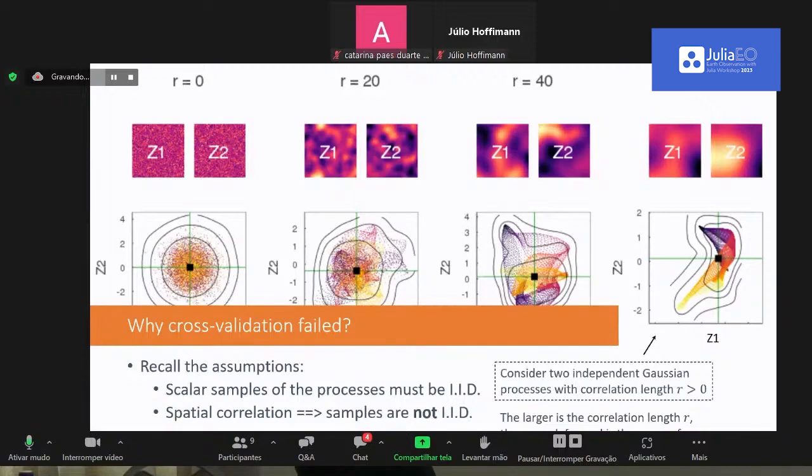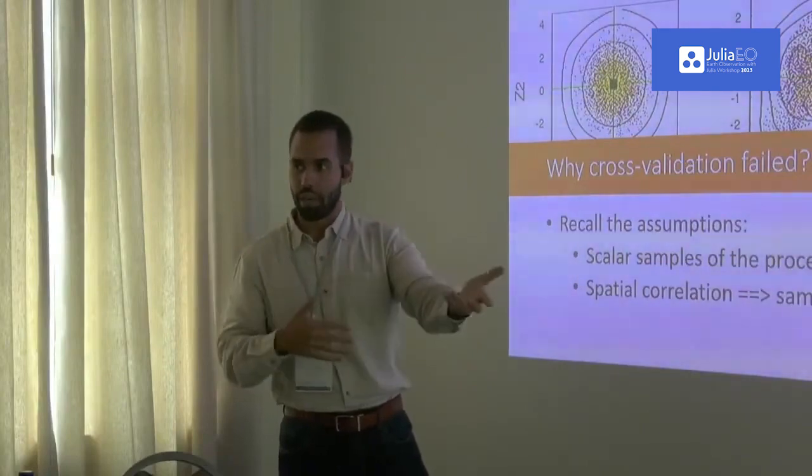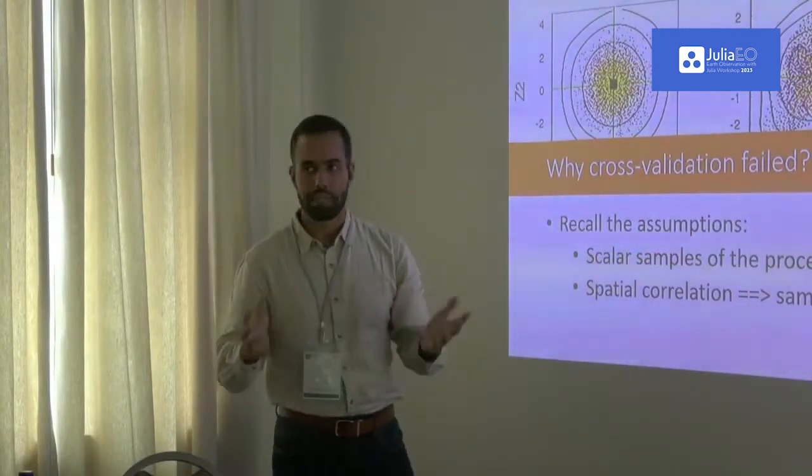Imagine that I have two images, Z1 and Z2, which are my covariates. These are the variables that I'm using to train a model. Any image that you can imagine.